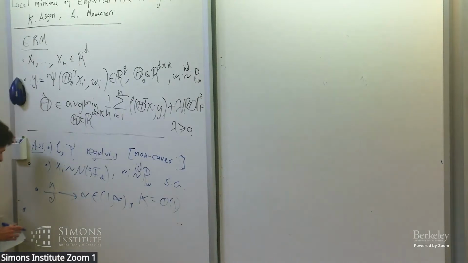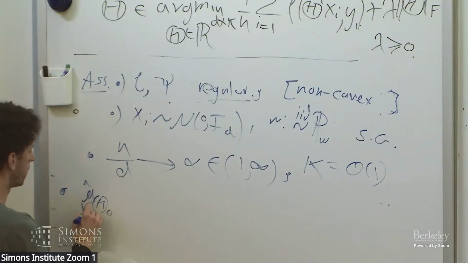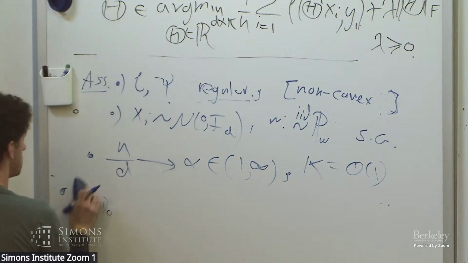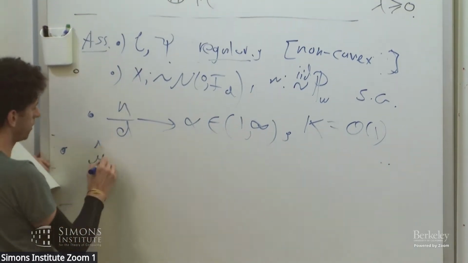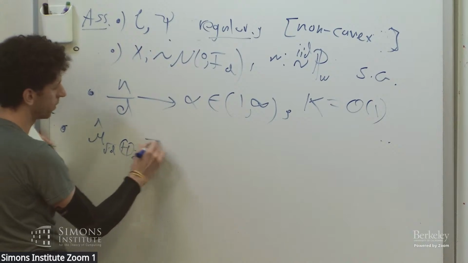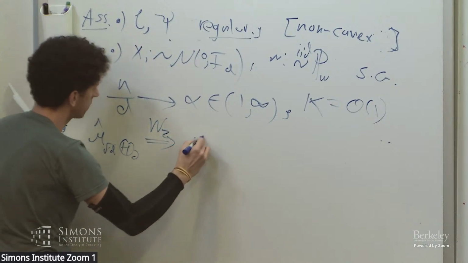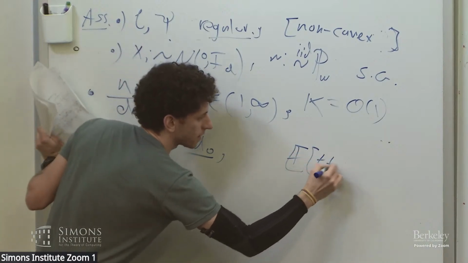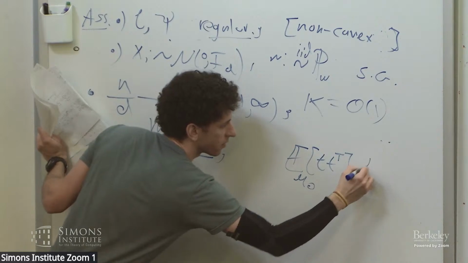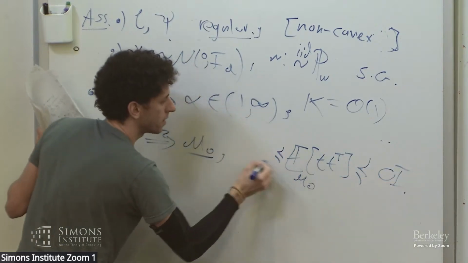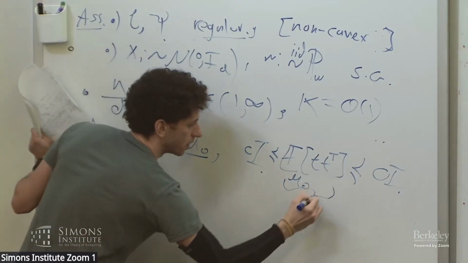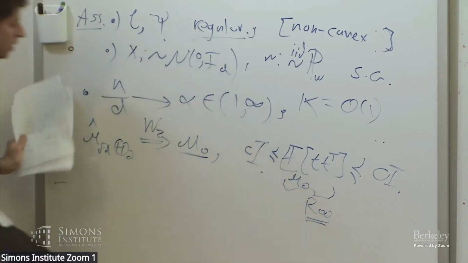So I'm going to make the following assumption on theta 0: that the empirical distribution of theta 0 converges in Wasserstein distance to some measure mu0, and this measure mu0 has a second moment that is upper bounded by this and lower bounded by this in the PSD order.